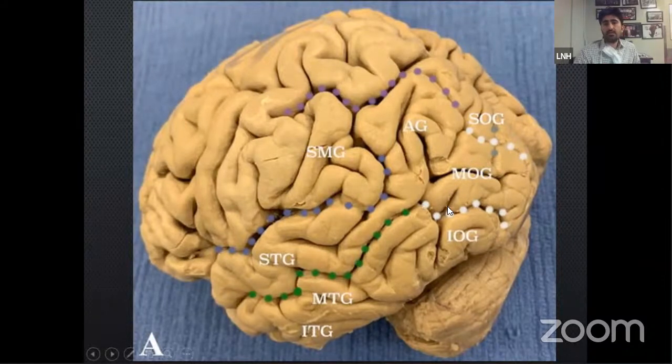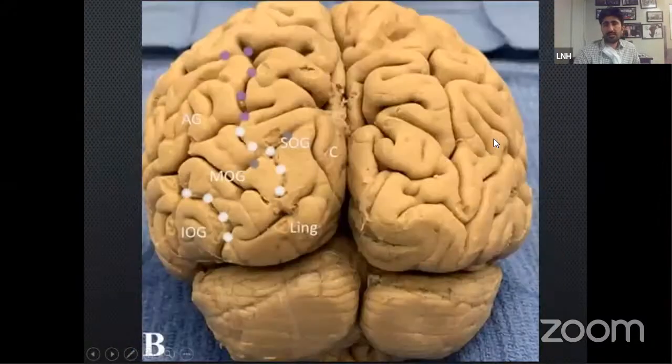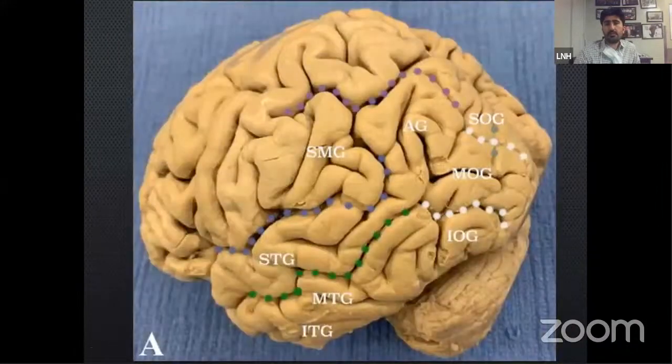The lateral occipital sulcus runs horizontally on the lateral surface of the occipital lobe up to the occipital pole, and the transverse sulcus is the smallest, which runs transversely at the superior surface of the occipital lobe.